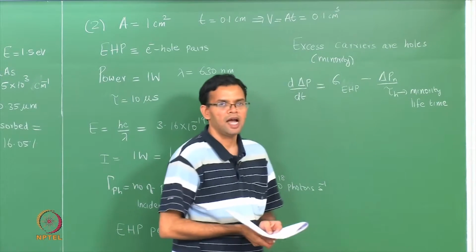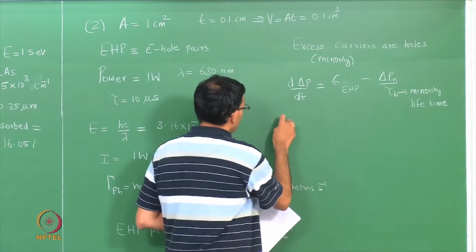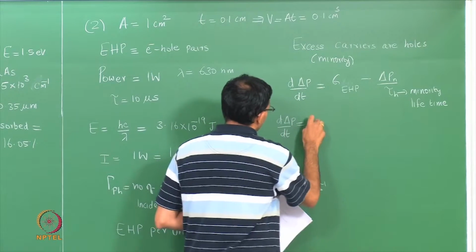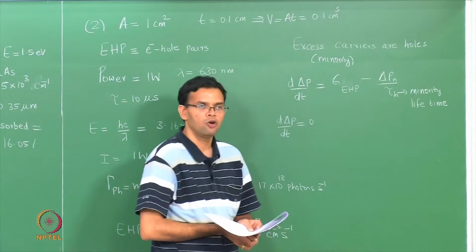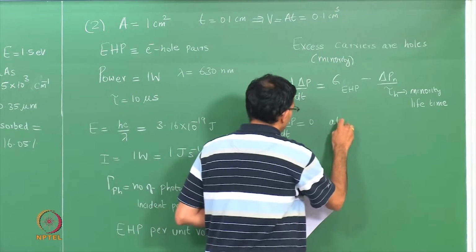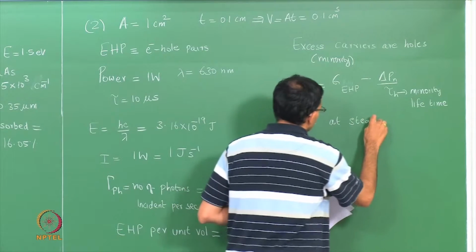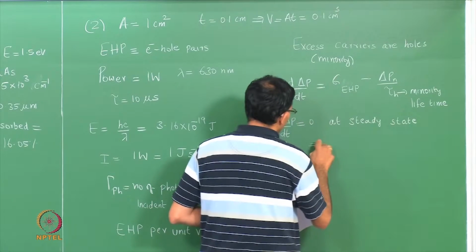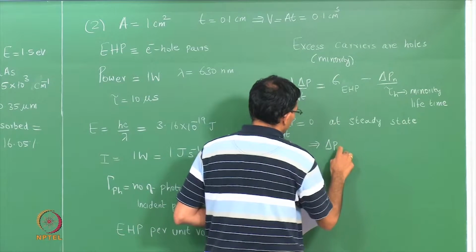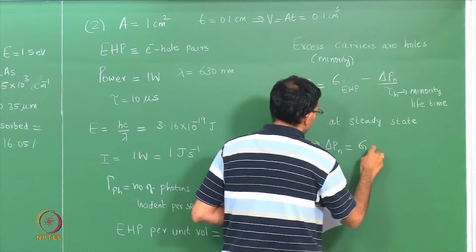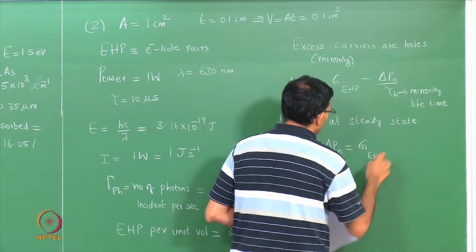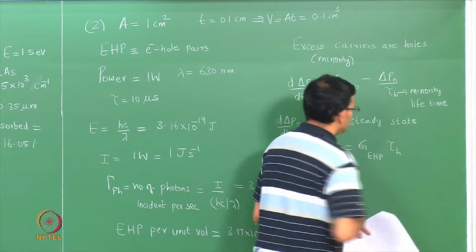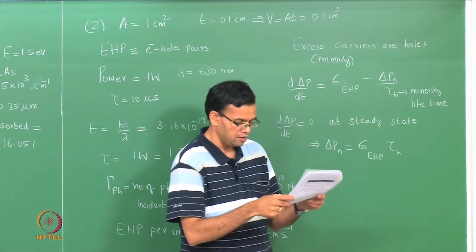So, when we basically have steady state, delta p is 0. So, d delta p over dt is 0 at steady state, which implies the steady state excess carrier concentration is nothing but the number of electron hole pairs that are generated times the lifetime of the minority carriers.